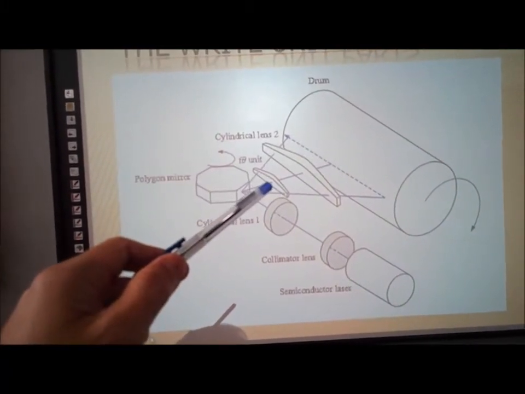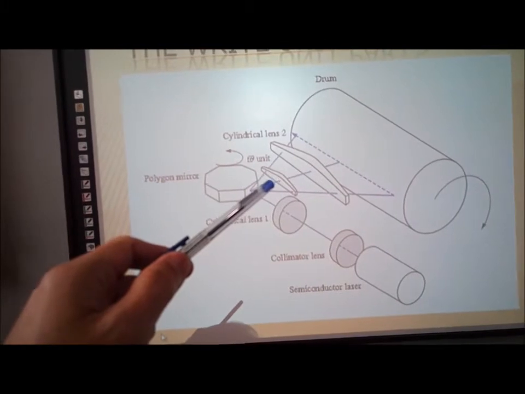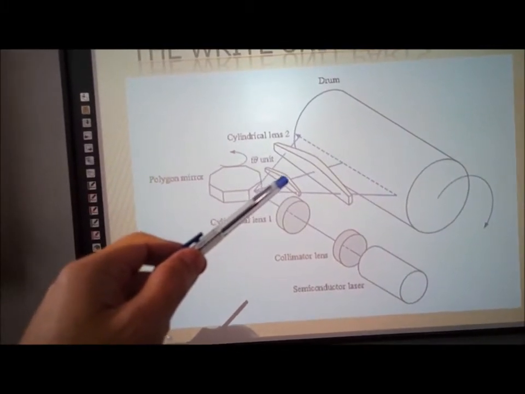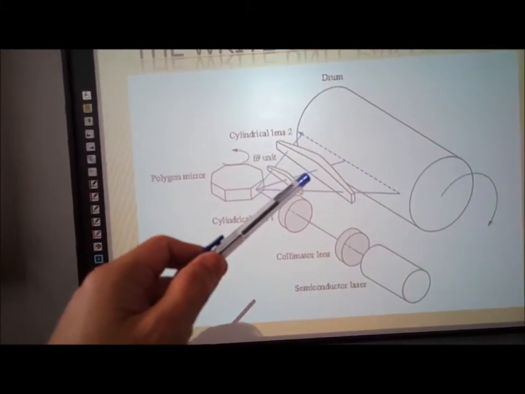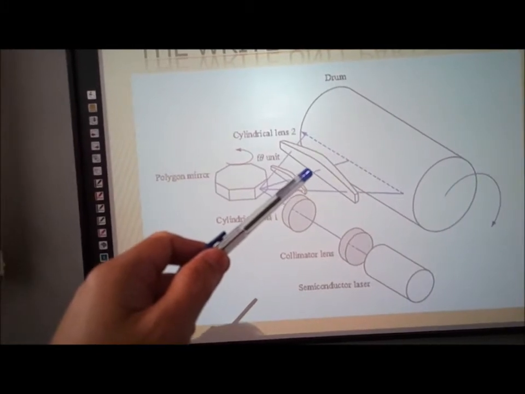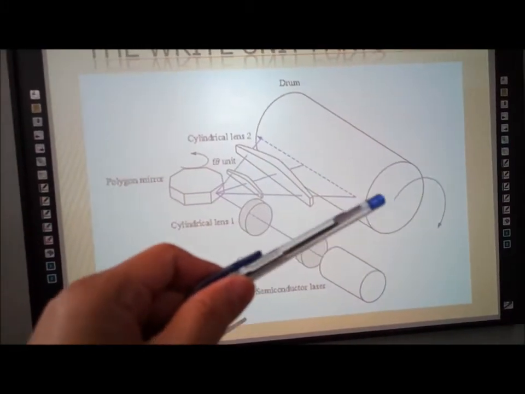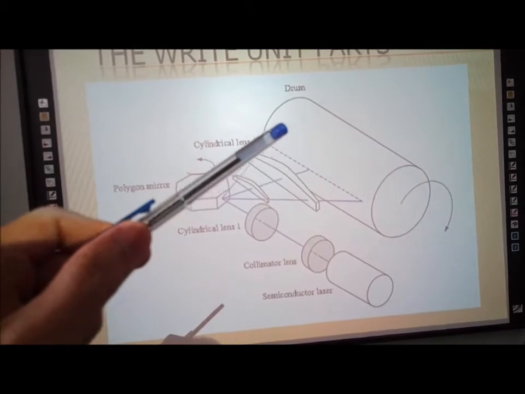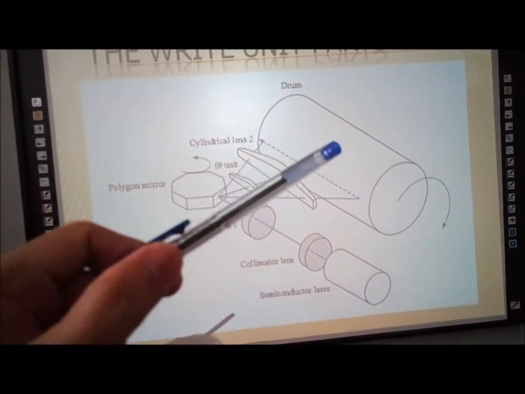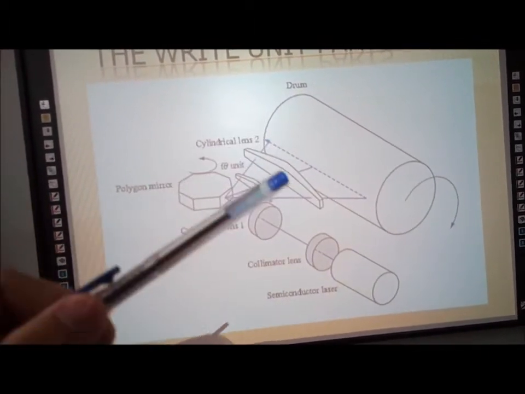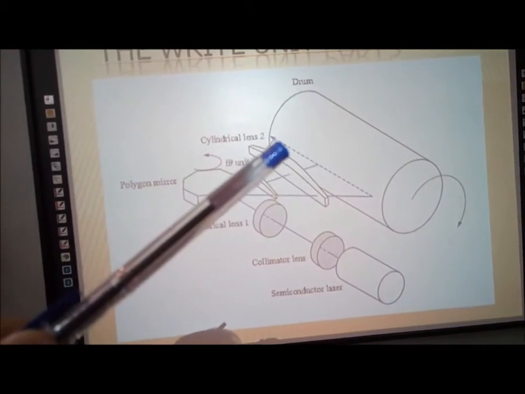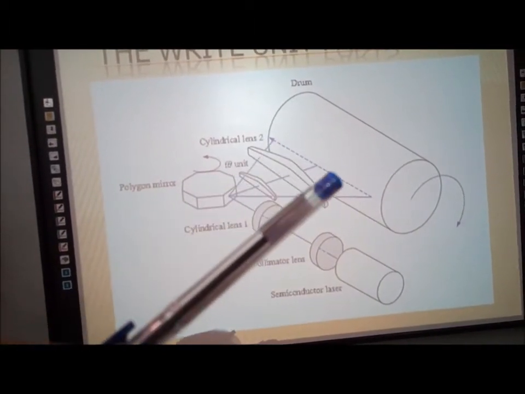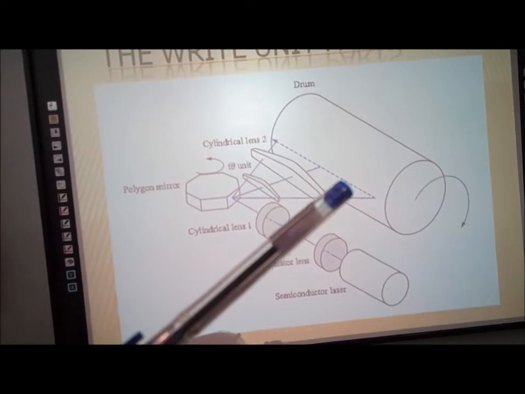This is the Convex Lens or F theta lens, and this one is the Cylindrical Lens. The big device here is called the photoreceptor or the drum, where you write the image and the text.